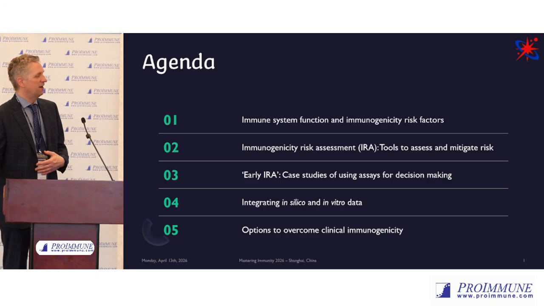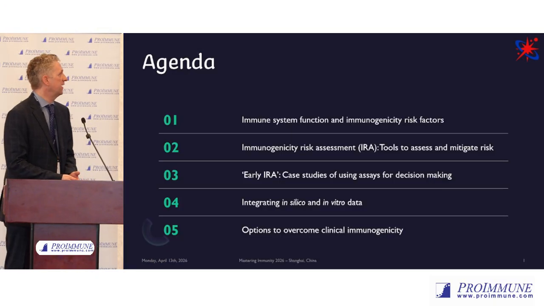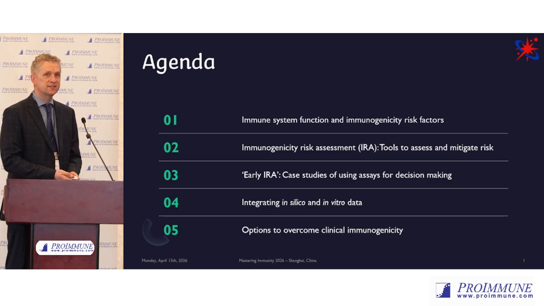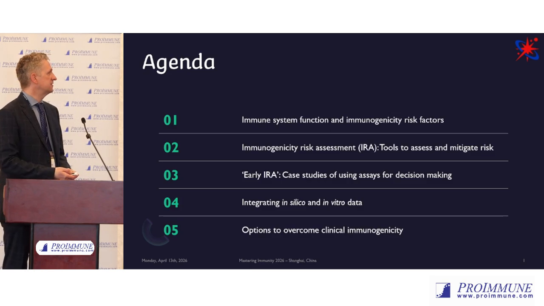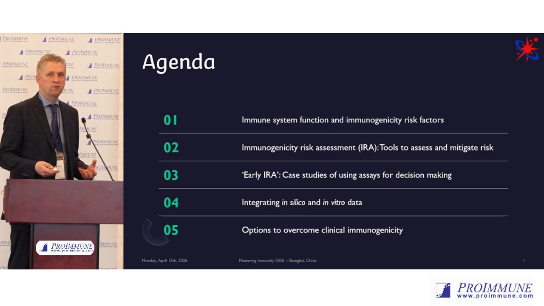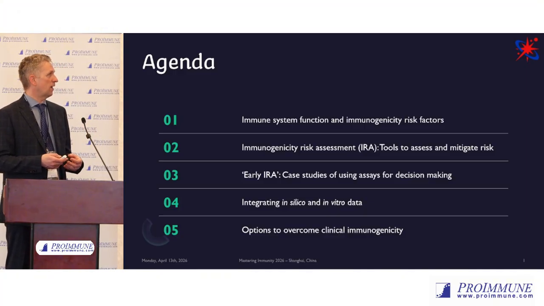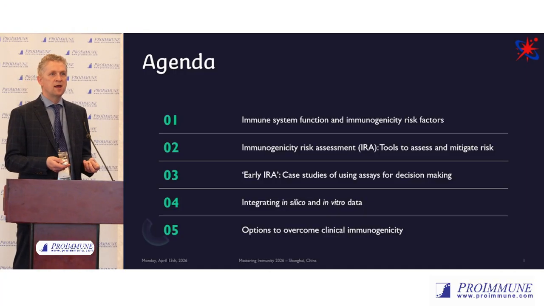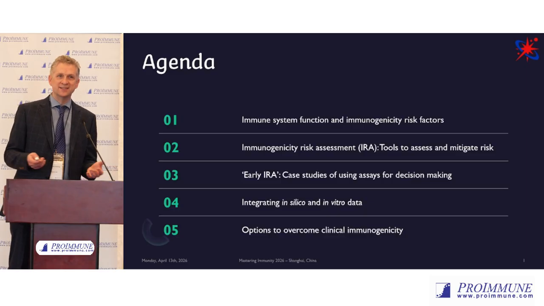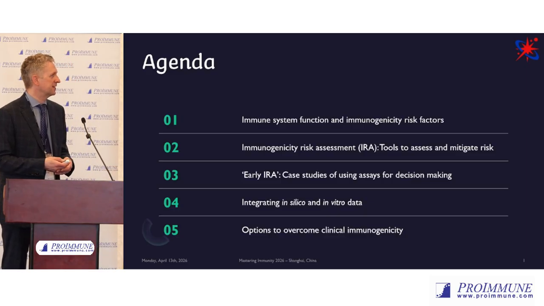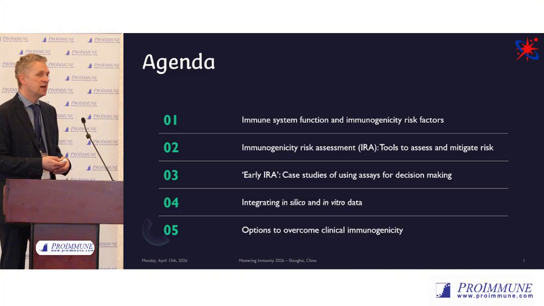Oh, there we go. So I want to take you through some of the functions of the immune system and the risk factors, and then look at how we use those two components to understand how to make a risk assessment. And of course, we use lots of assays. Promian is very experienced in working with these assays.